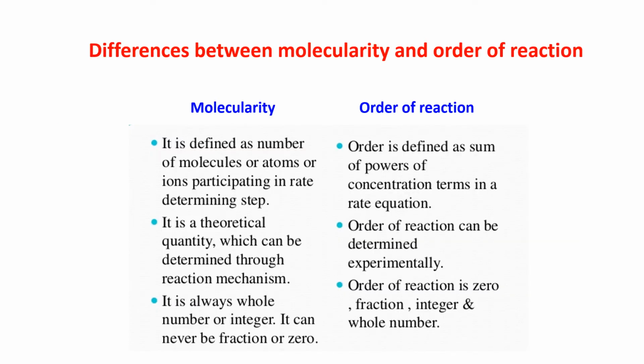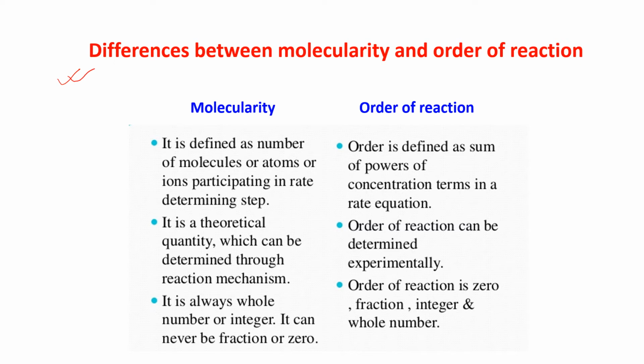Now see the difference between molecularity and order of reaction, and this is an important slide. So please learn this. Molecularity is defined as the number of molecules or atoms or ions participating in the rate determining step. And order of reaction is defined as the sum of the powers of concentration terms in a rate equation.